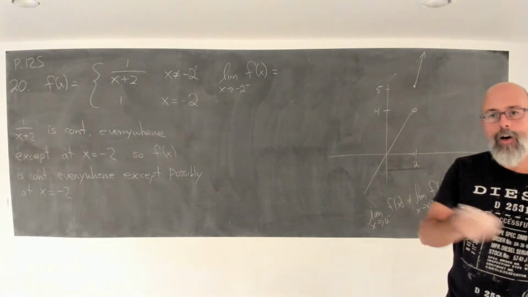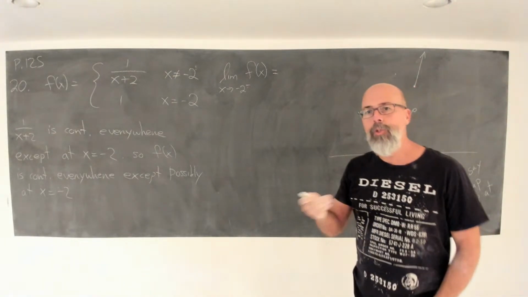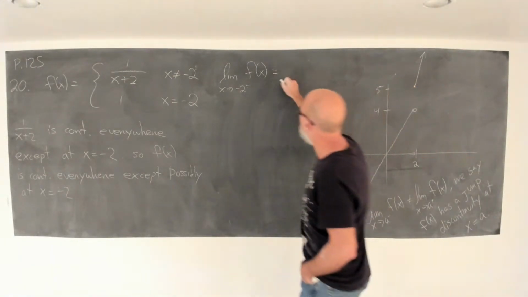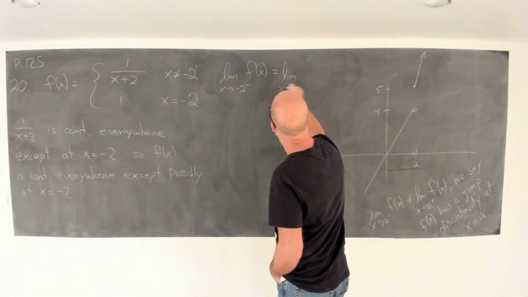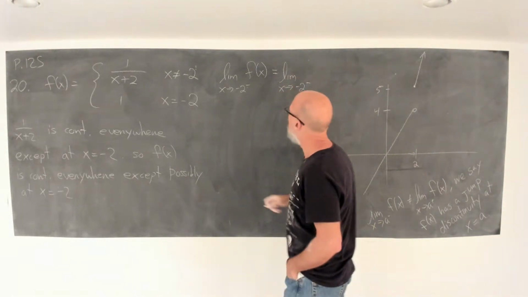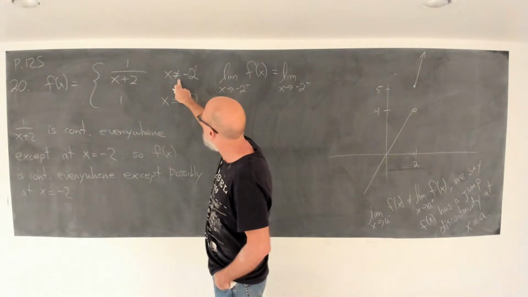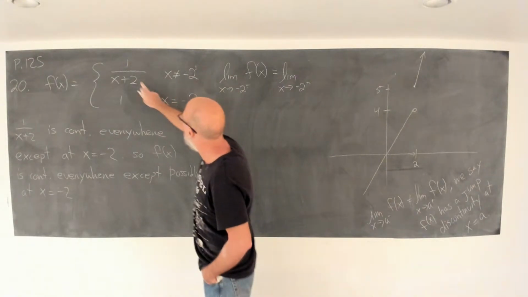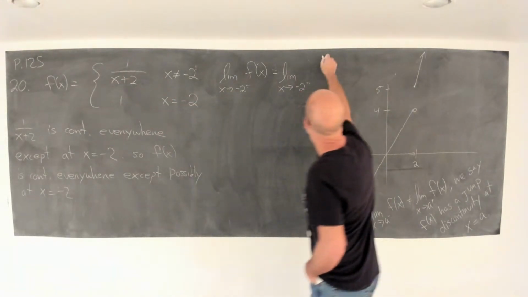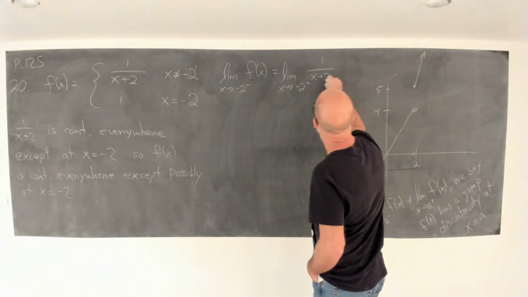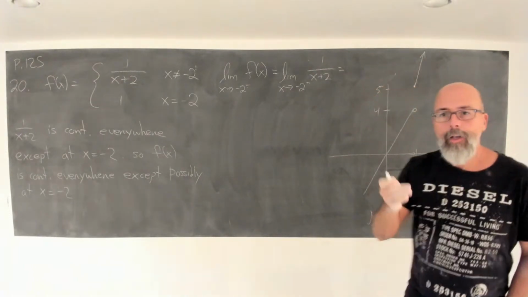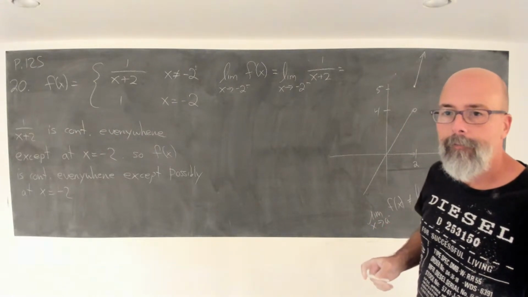What is the function for values less than -2? Well, as long as you're not at -2, the function is this. It's 1 over x plus 2. What is the limit?